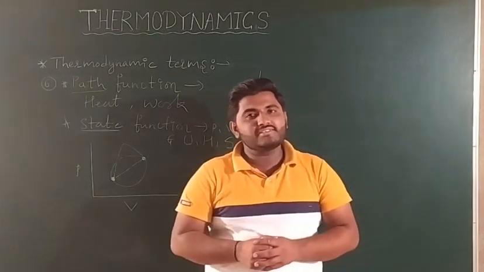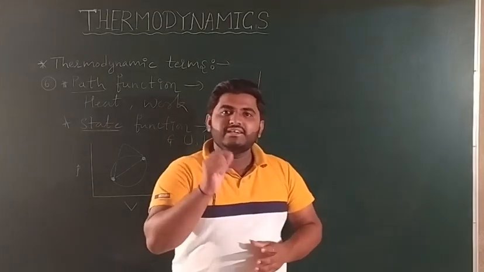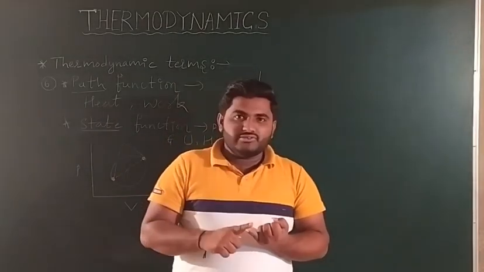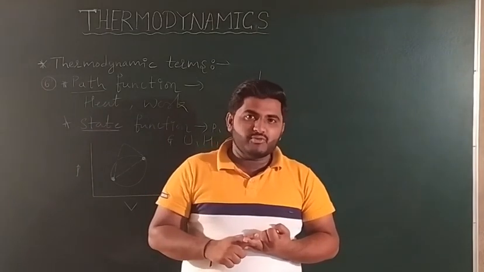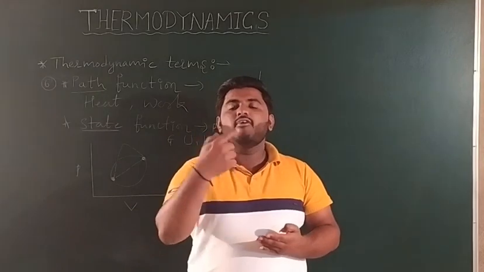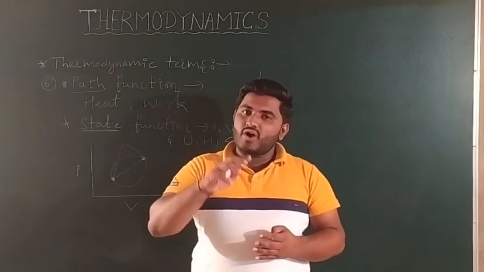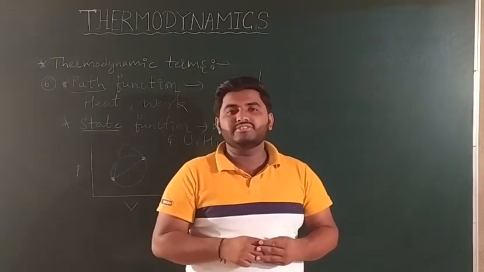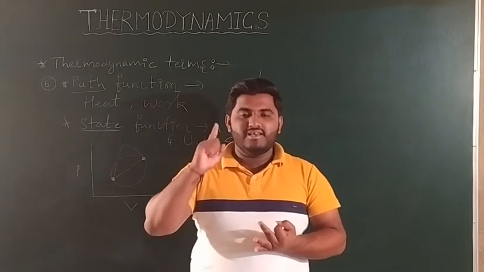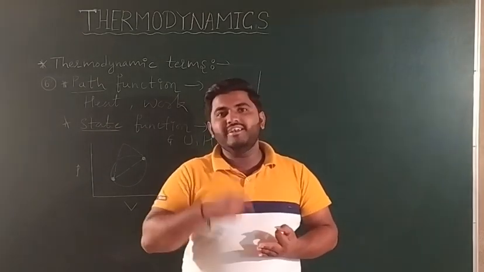In the previous class, we already discussed types of processes. There we studied isothermal process, isobaric process, isochoric process, and adiabatic process. I forgot to tell you guys, 3 more processes are there. Those are called reversible process, irreversible process, and cyclic process. We will discuss that one.